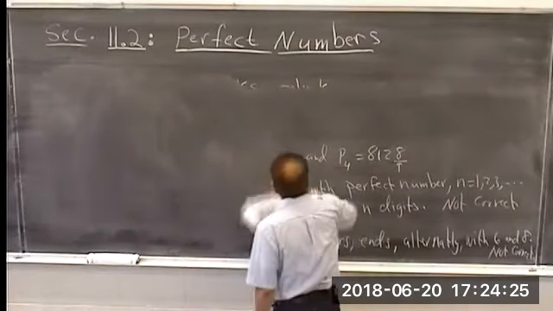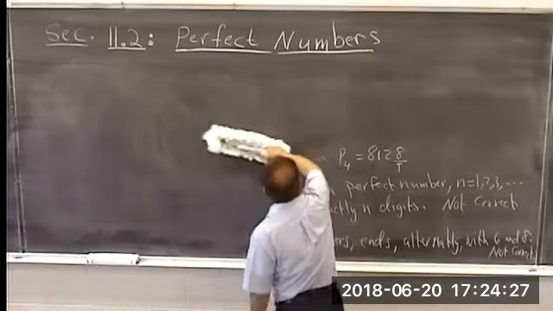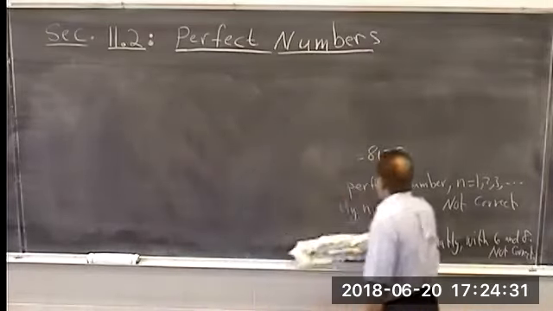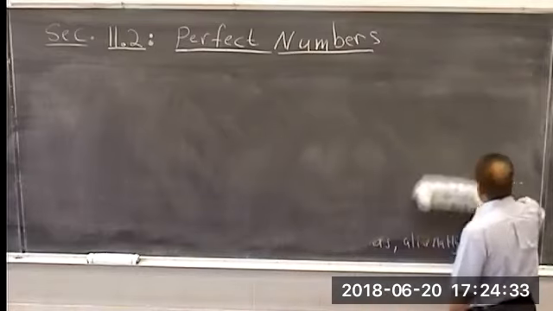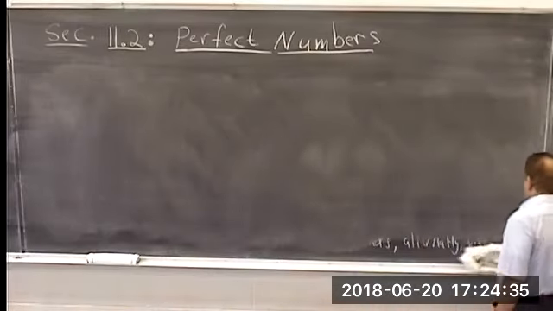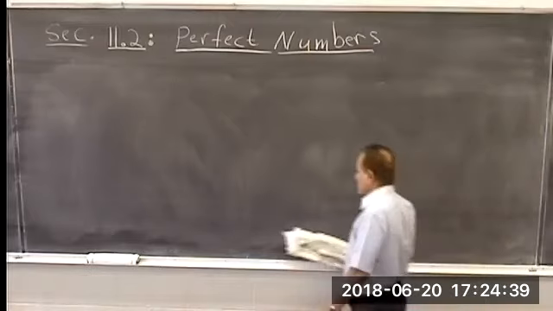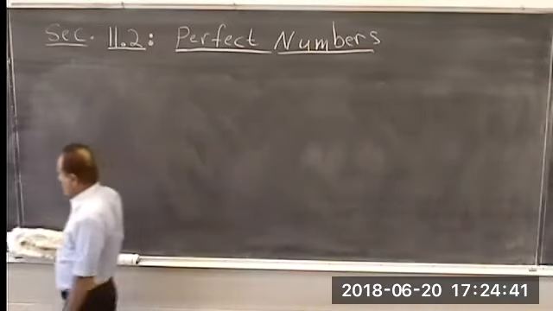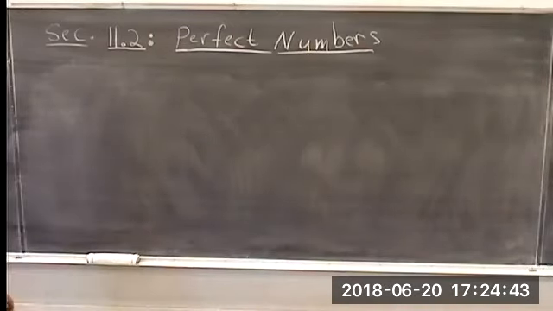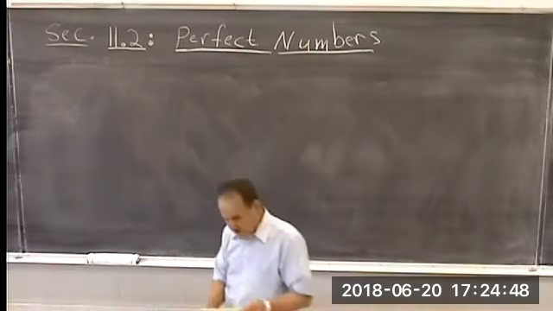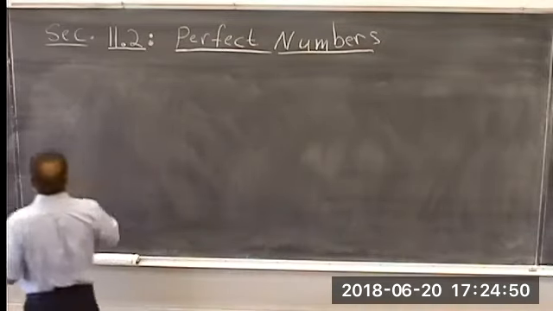And then later on, Euler actually completed this theorem, which we're going to state next, which gives a necessary and sufficient condition for an even number to be perfect. So this is our first theorem.